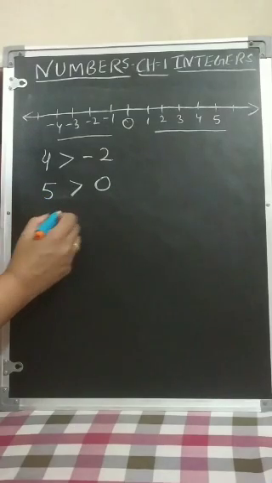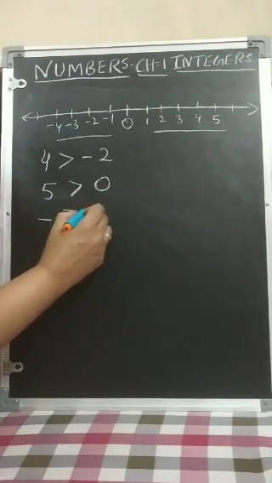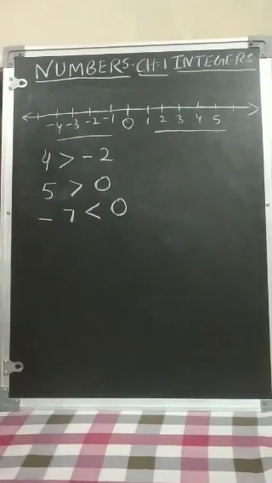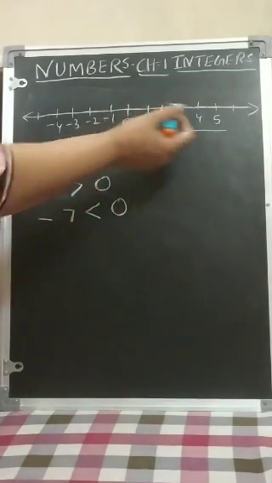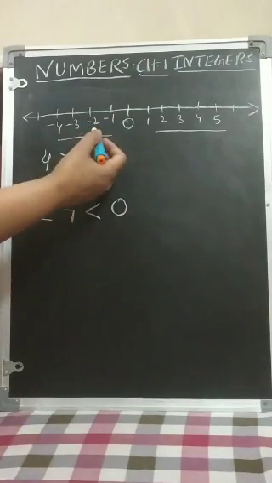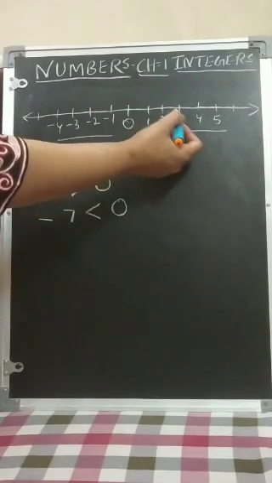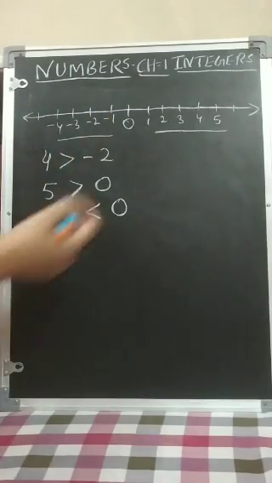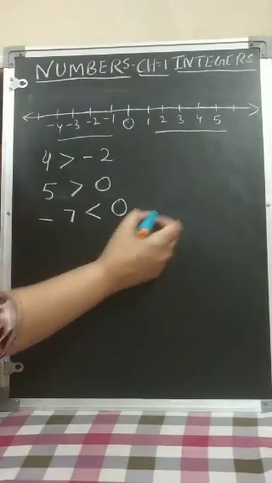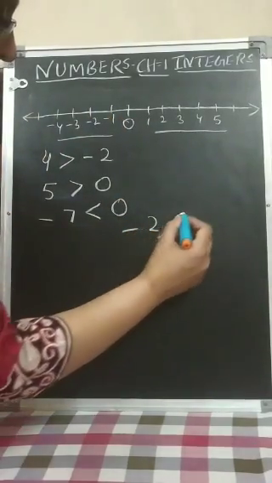Any negative integer, -7, is less than 0. And afterwards, if we want to compare any two numbers on the number line, we can see which number is on the right side, that is big, and which number is on the left side, that will be the small. Suppose we take -2 and 2.